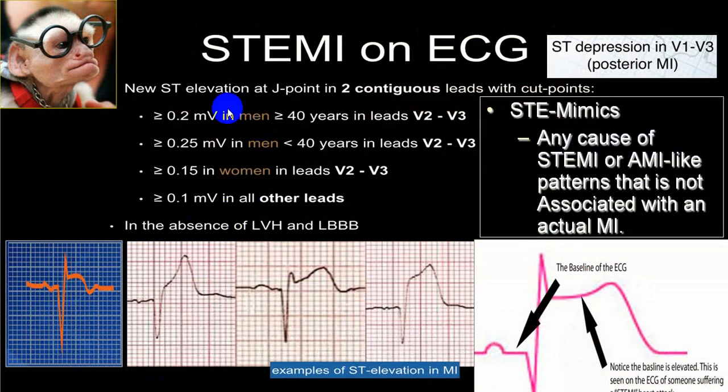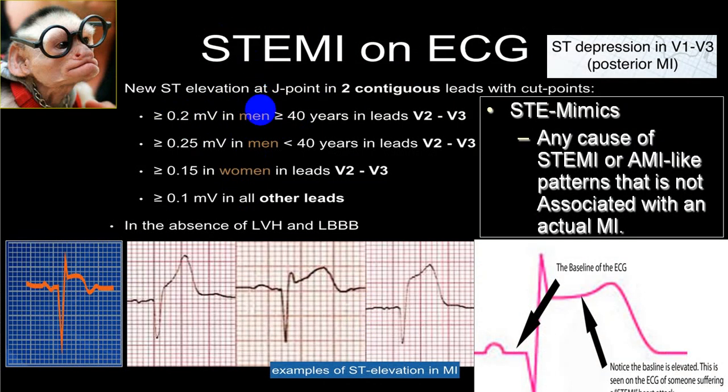And if there is an ST elevation of 0.2 millivolt in a male more than 40 years in leads V2 and V3, it should be considered positive for STEMI.